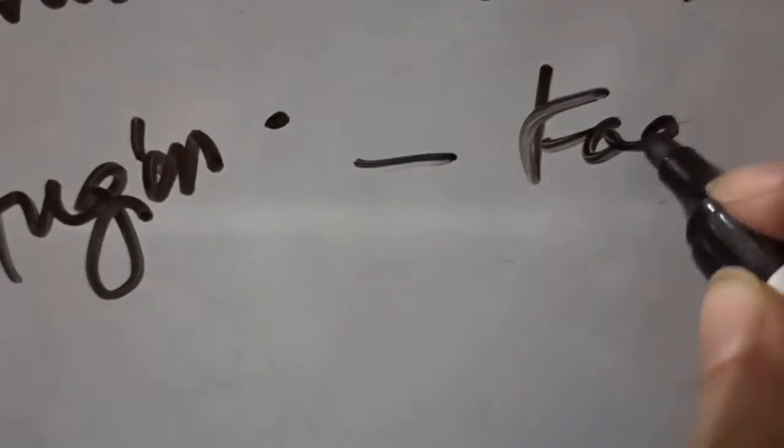Okay, so the fog is a very common feature in the coast where the cold current exists.